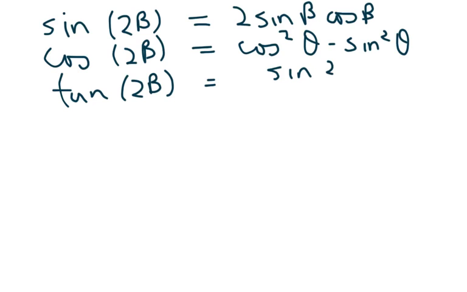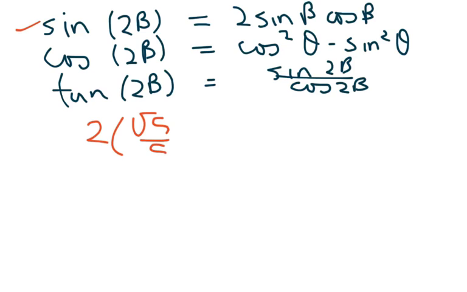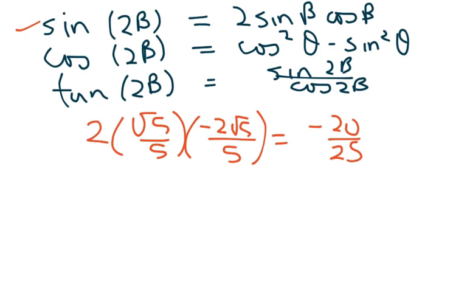So for this one, I'm going to do 2, sine of beta is root 5 over 5, and cosine of beta is negative 2 root 5 over 5. And that gives you negative 20 over 25, which is negative 4/5.